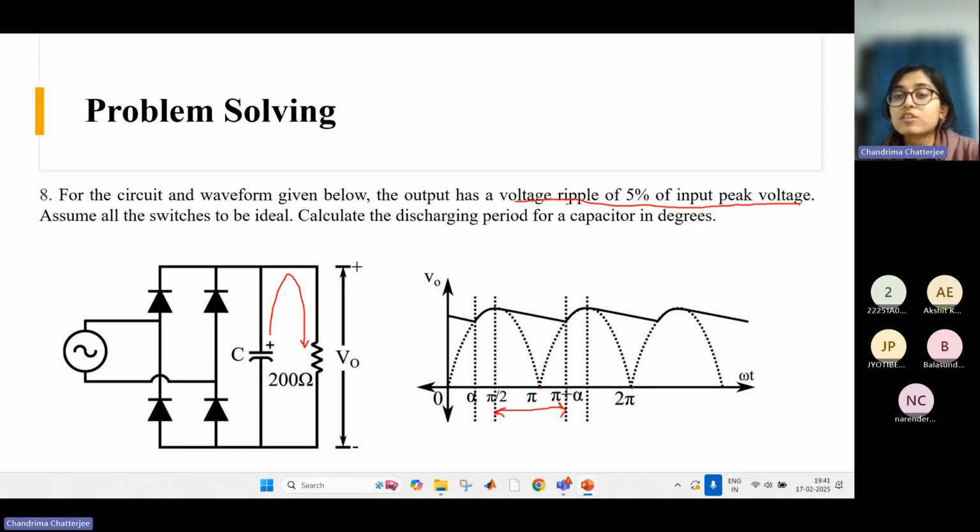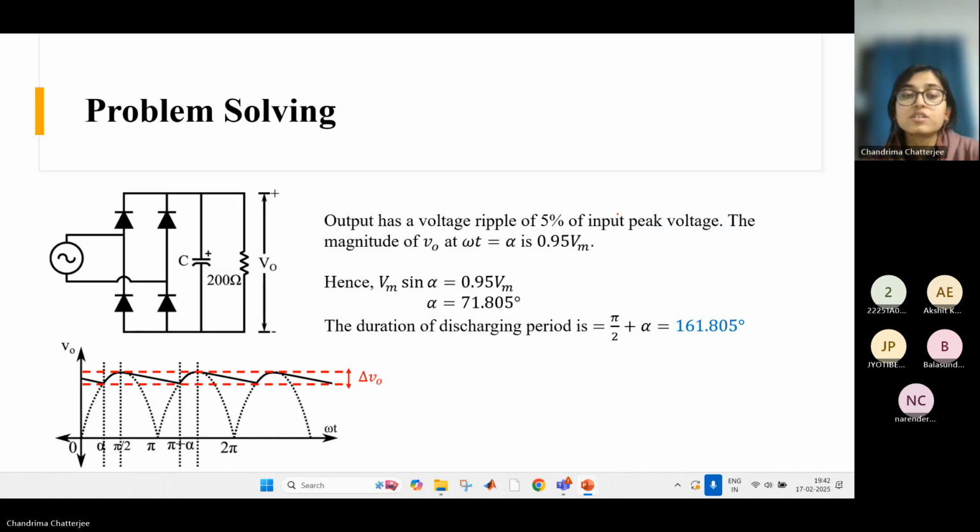So now we came across a term, voltage ripple. What is a voltage ripple? The output voltage is varying like this, right? The difference of maximum output voltage and minimum output voltage, this portion, is called the voltage ripple. Ripple means the pulsation in the voltage. Even though we are using a capacitor, there is still a very small amount of pulsation.